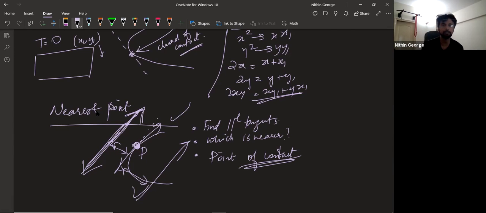The first thing you check is whether the line intersects the conic. If they intersect, then there is no nearest point. If they don't intersect, find the parallel tangent and then use the point form to find the point of contact.